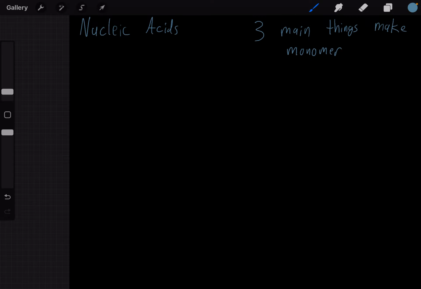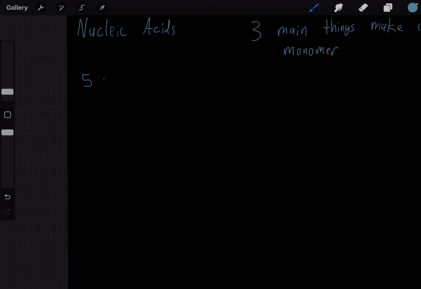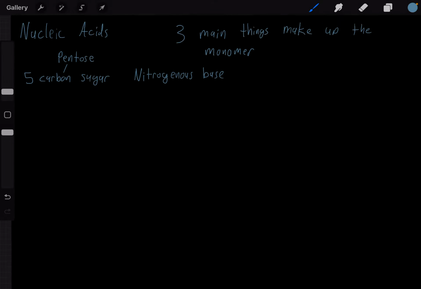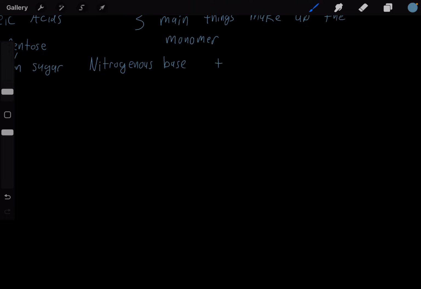The monomer has a 5 carbon sugar, or you can say it is a pentose. Next, you have your nitrogenous base. Then you have your phosphate group.